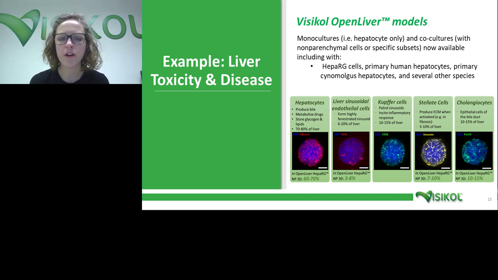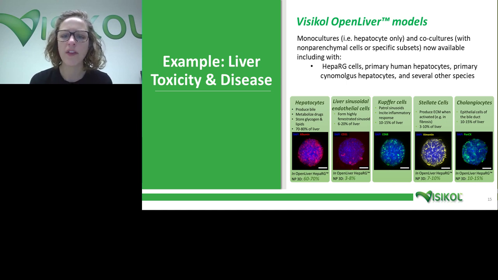Then we have Kupffer cells. These are macrophage-like cells. They patrol those liver sinusoids and incite an inflammatory response when appropriate. There are stellate cells. When these become activated in a lot of disease contexts, they start producing a lot of extracellular matrix, which can lead to fibrosis, especially in the context of some diseases we'll talk about in a few minutes.